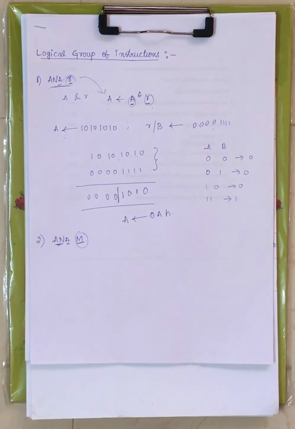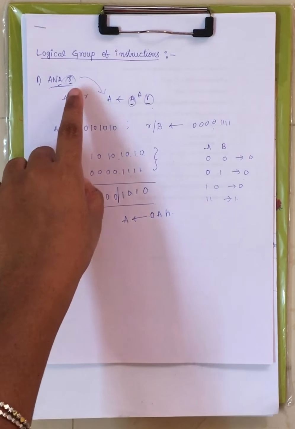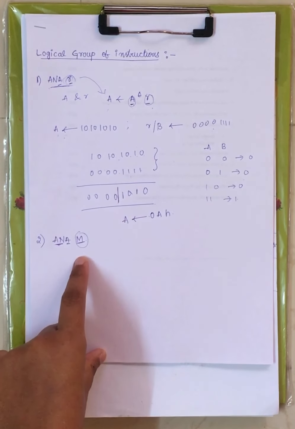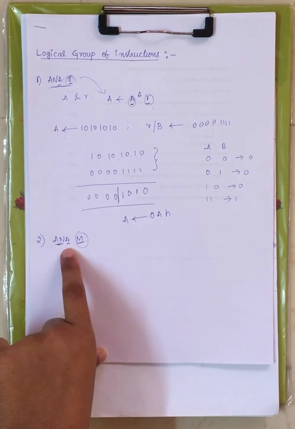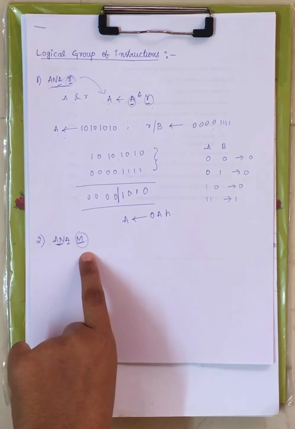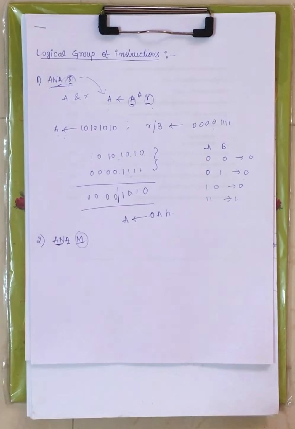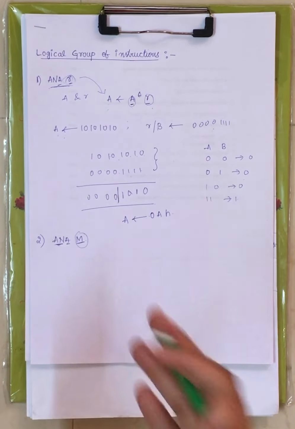the AND operation. The only difference between this and the previous one is that here we are performing it with the contents of register R, and here we are performing the AND operation between the contents of the accumulator and the contents of the memory location. The memory location will store 8-bit data, and that 8-bit data is used for the AND operation.